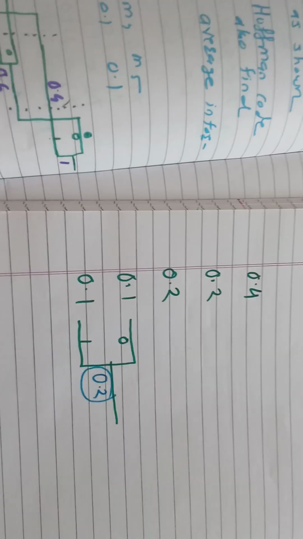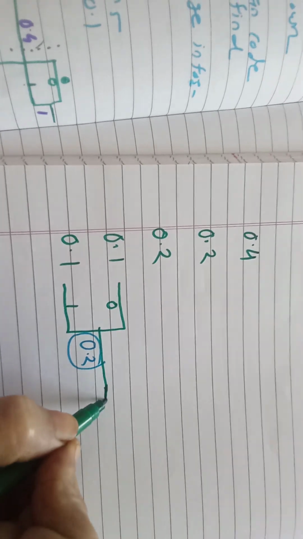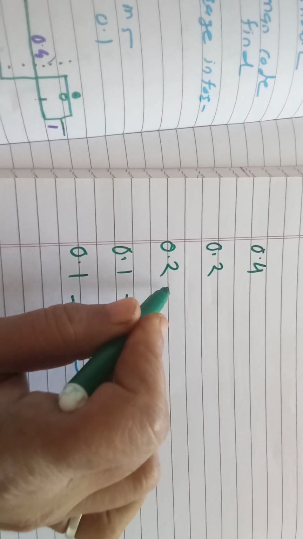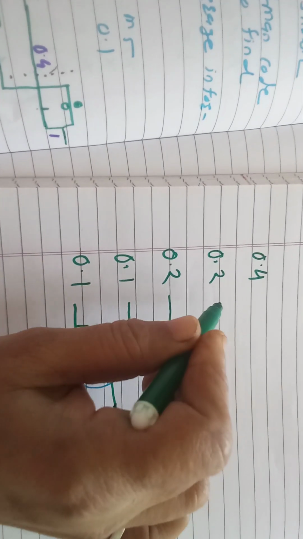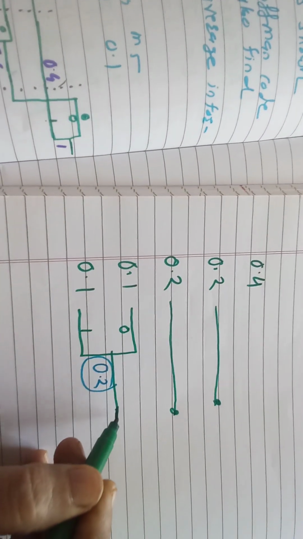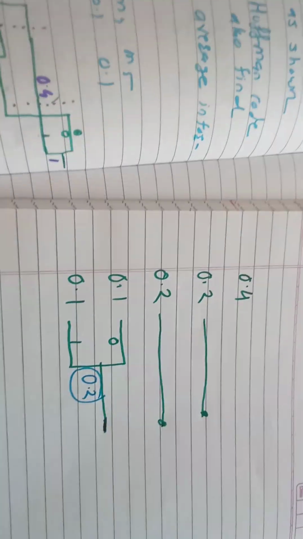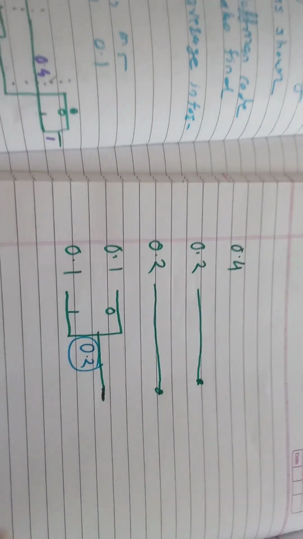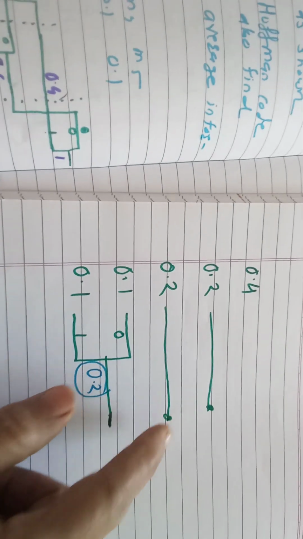Now in every step you need three probabilities, so stretch it forward. Okay, so this is the second step. Now this is 0.2, this is 0.2, this is 0.2.